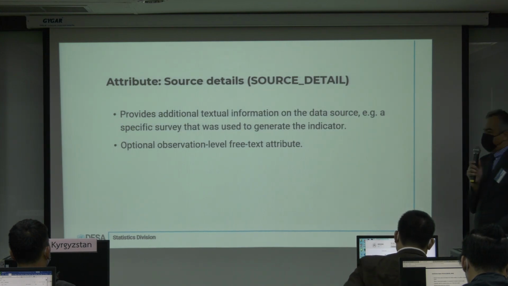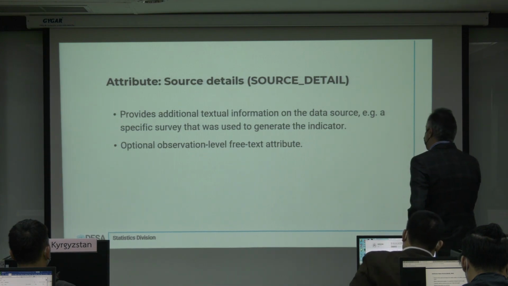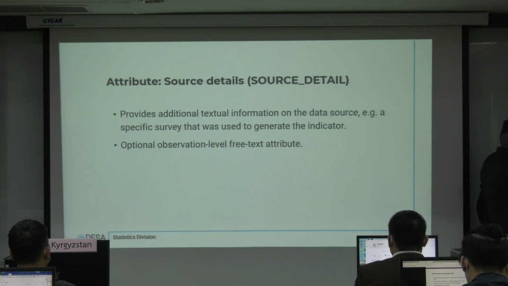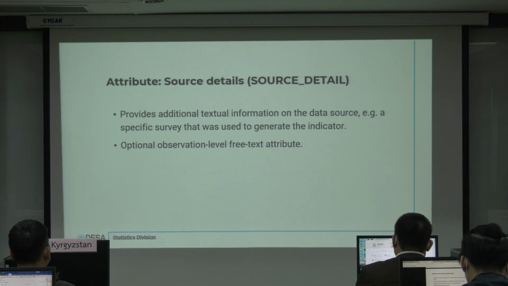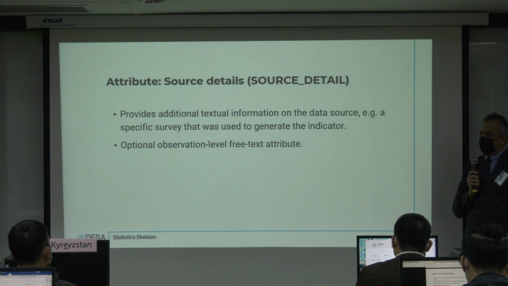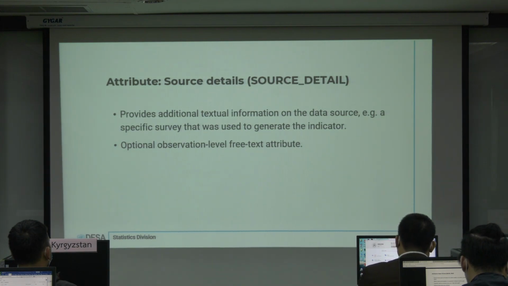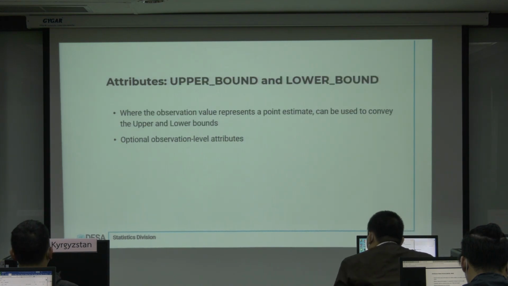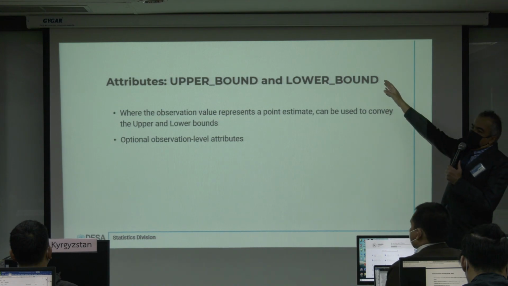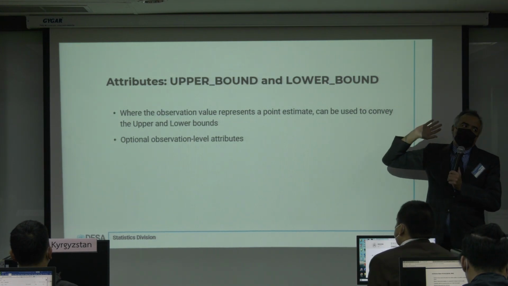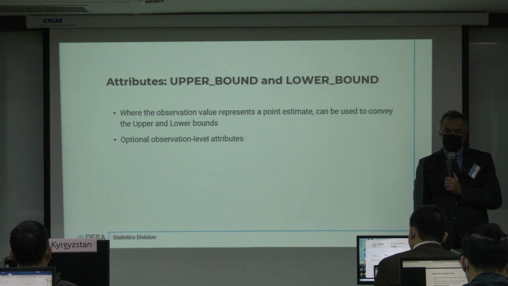Source detail, we talked about that during the exercise. So essentially, it's a footnote on the source of the data. It's an optional free text attribute attached to the observation. Upper bound and lower bound, countries almost never have to use these attributes.